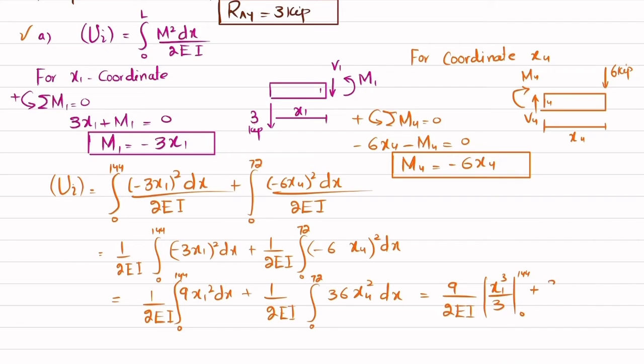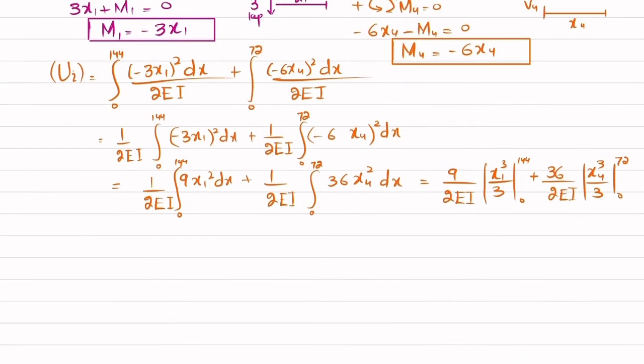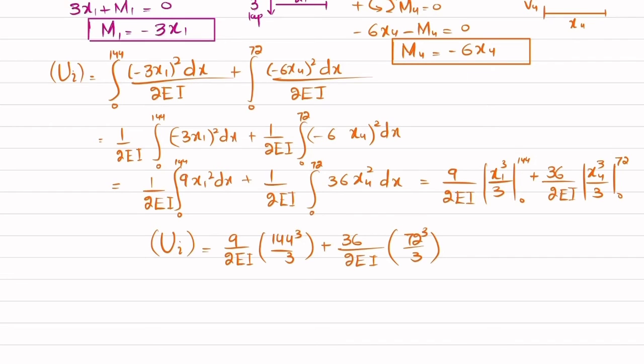Similarly, 36 over 2EI and the integral of x4 squared will be x4 cubed over 3, and integral from 0 to 72. So at the end, when you calculate it, you can put the value 9 over 2EI into 144 cubed over 3, plus 36 over 2EI into 72 cubed over 3.